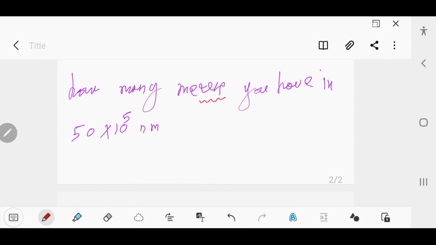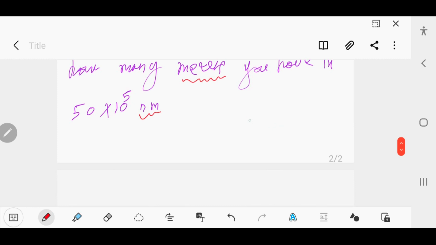We have meter and nanometer. Now, what is the relation between meter and nanometer here? You know that each 1 meter is equal to 10 to the power 9 nanometer.